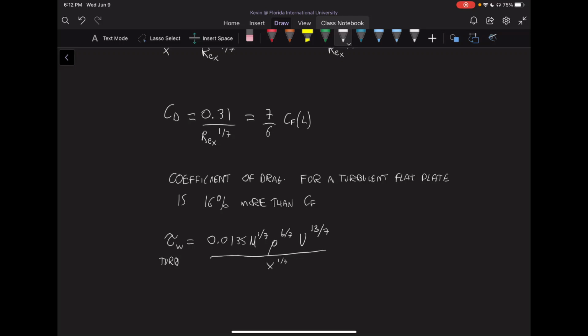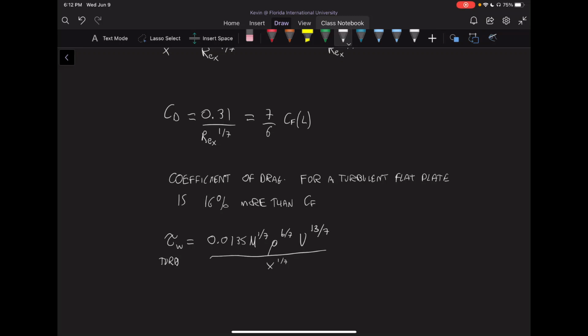Now, what is very interesting in the turbulent flow methodology is that since we don't have analytical solutions, we're going to be using the same type of analysis that we have in the past for turbulent flow. Remember, we had Moody charts for our flow inside pipes.